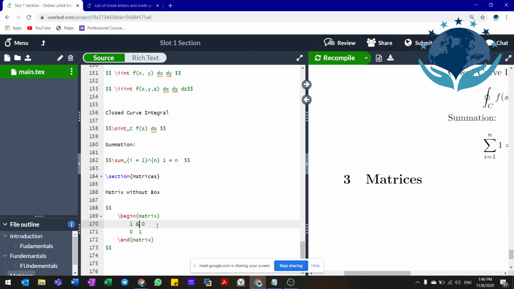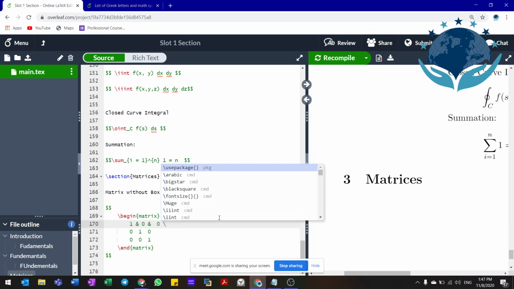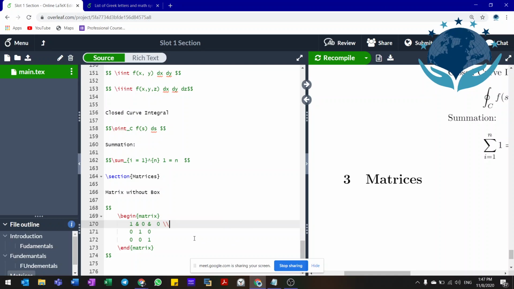Let's say I'm having a 3 cross 3 matrix, now that will be easy to explain. So 0 0 followed by 1. After each element I asked you to put the ampersand, except the last element. For identifying the last element, you can give double backward slash.